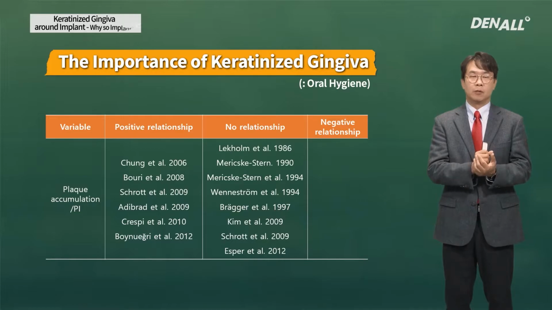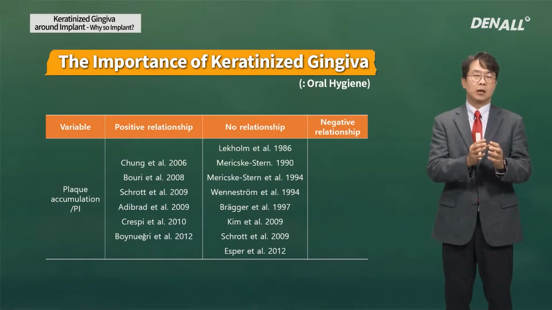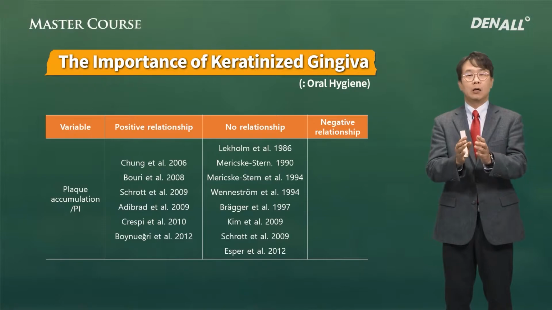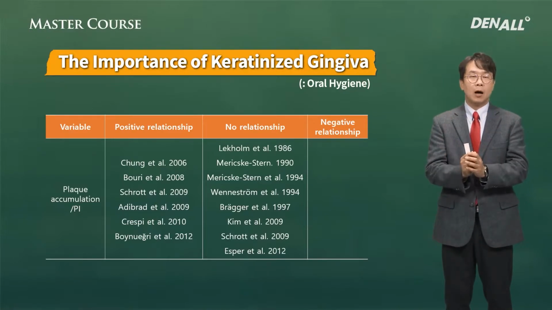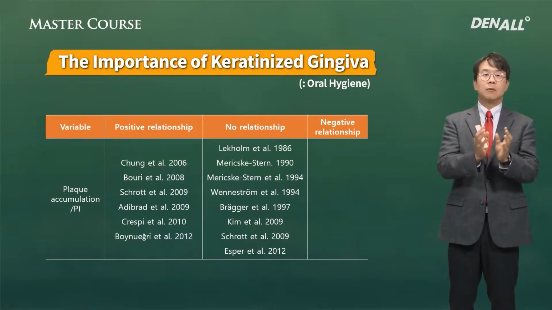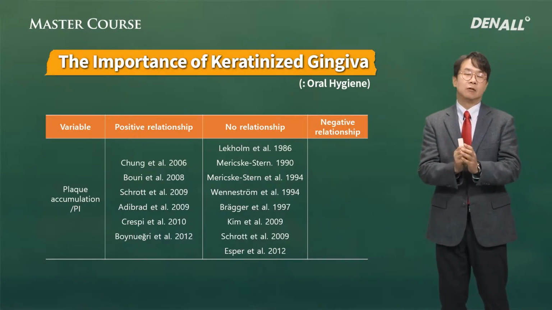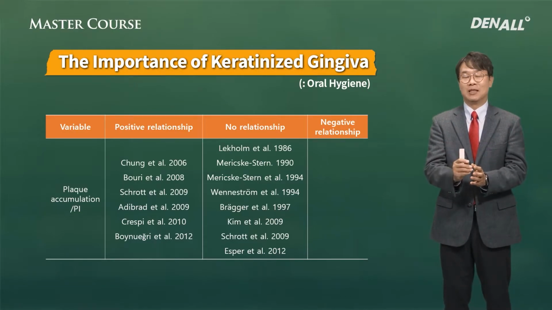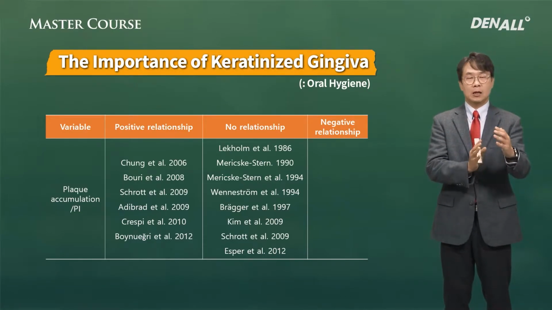Plaque accumulation, plaque index is the variable. The presence of keratinized gingiva. And there are people who believe that has a positive relationship with oral hygiene. And there's another group of people who believe there's no relationship. There was no one who says there's a negative relationship.